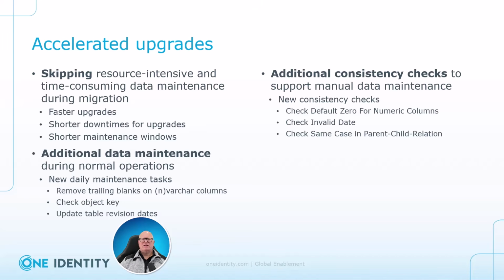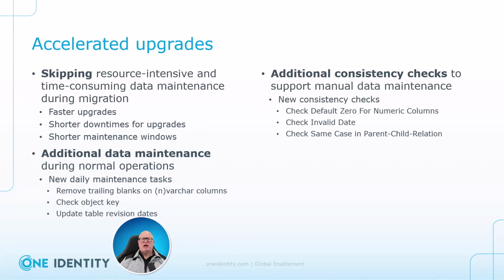These data maintenance jobs are of course resource and time consuming, and because of that they were removed. Such maintenance jobs typically are in the system to ensure that the data is consistent and of course clean. However, this removal leads to faster upgrades, and faster upgrades to a shorter downtime, and a shorter downtime of course to a shorter maintenance window. With that, hopefully customers will be happier.